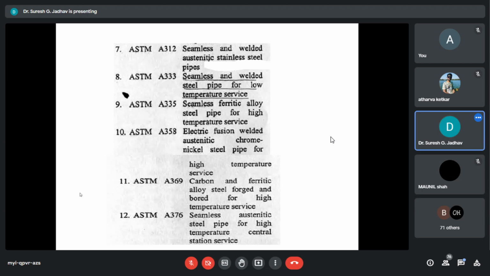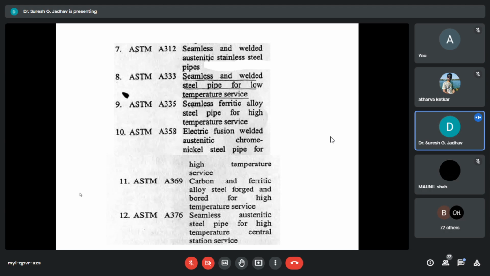Likewise, we can use different standards like A333, seamless and welded steel pipes, for low temperature service. We consider high temperature service for A335. Here, seamless ferritic alloy steel pipes, that kind of pipes are used for high temperature service.